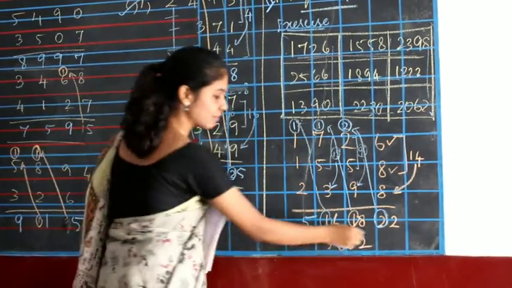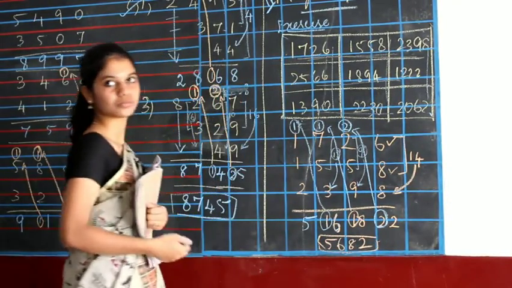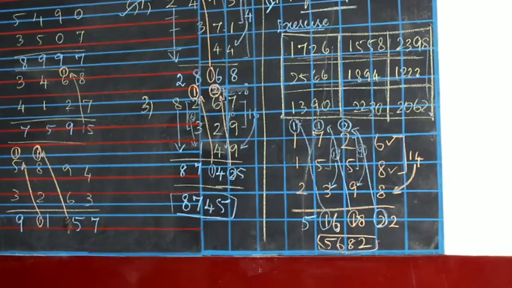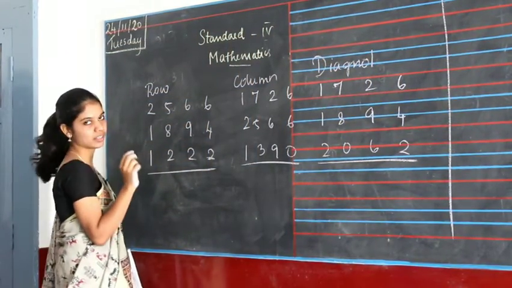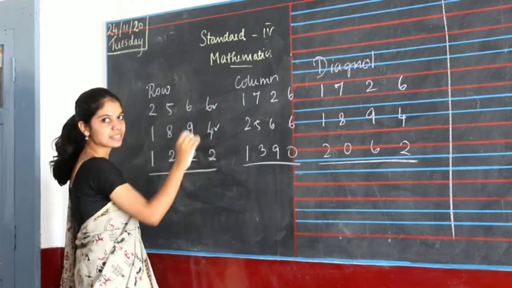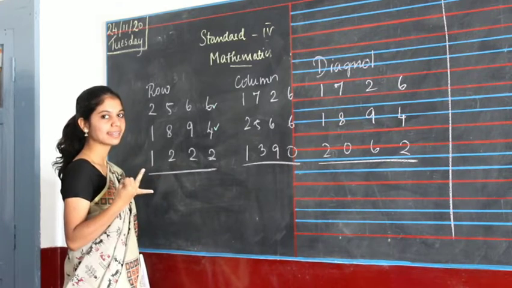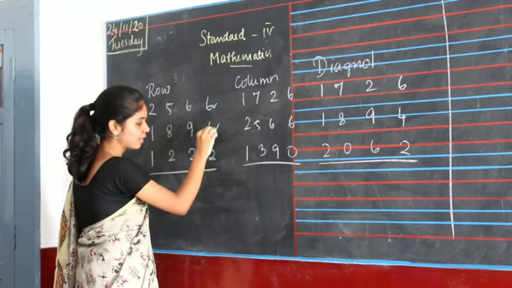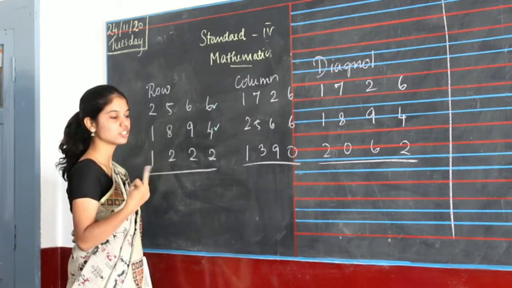Let's see whether we will get the same answer with another row. Now let's check it with the second row. Add 6 plus 4. 6 in your mind, 4 in your finger. 6 after 7, 8, 9 and 10. 10 plus 2, 10 in your mind, 2 in your finger. 10 after 11, 12.